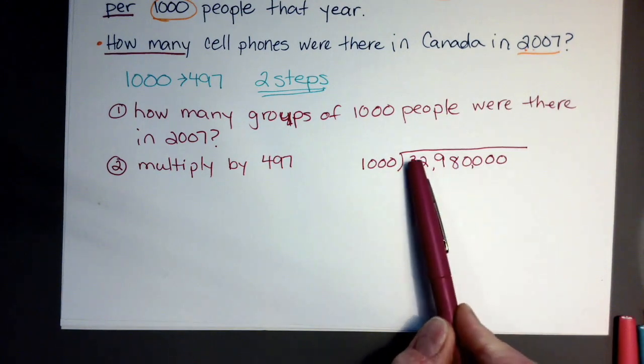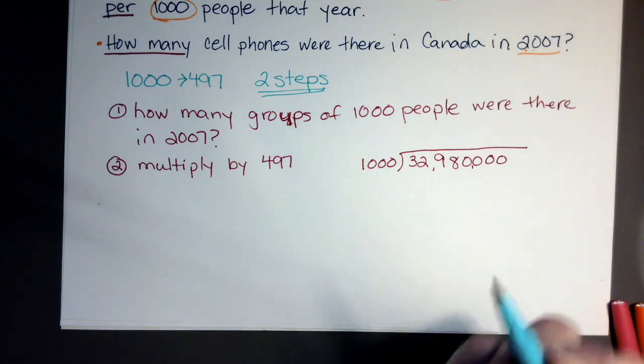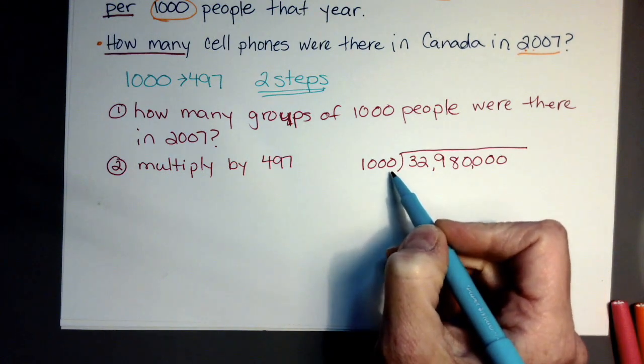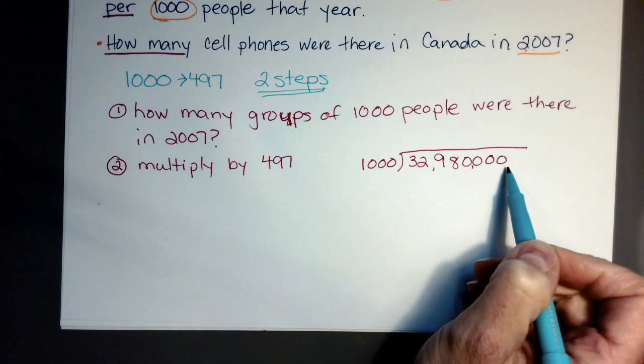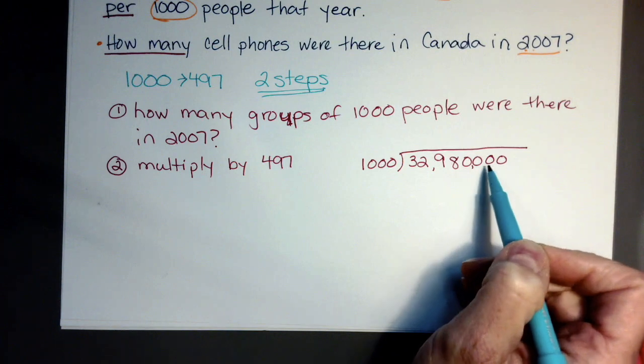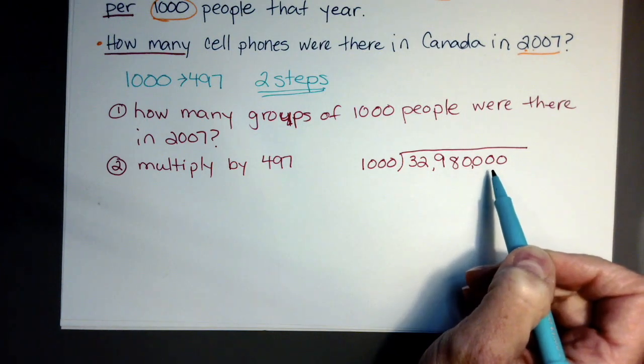So however many zeros there are at the end of a number, you can cross them off to keep track when you're dividing. So if I'm dividing by 1000, I can cross off 3 zeros from this to get my answer, as long as it ends with zeros. If this number ended with other digits, I would not be able to use that trick. But it does, so I can.